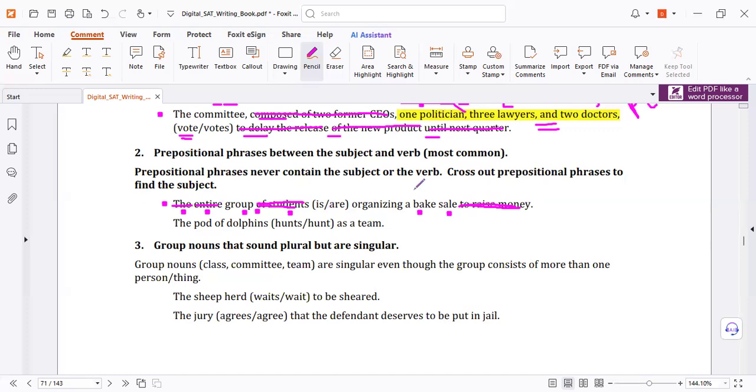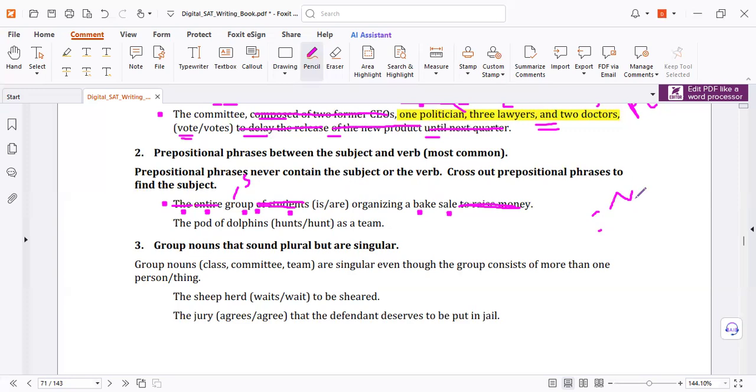Adjective, delete. Now, who or what organized a big sale? The group. So the group is the subject. The group singular or plural? I don't know. Why? Because the noun can be a collective noun. Remember, we have traps.